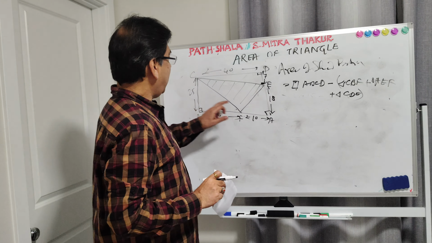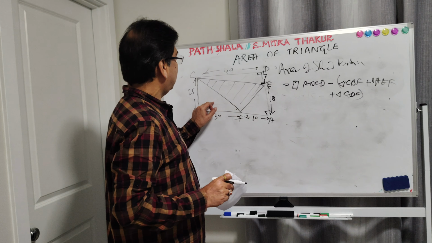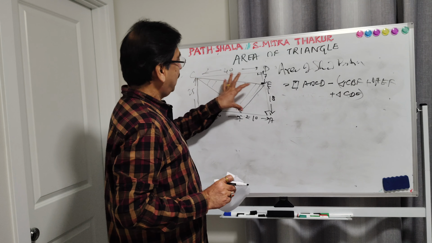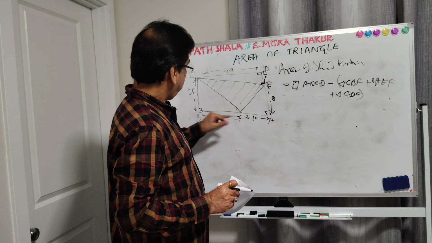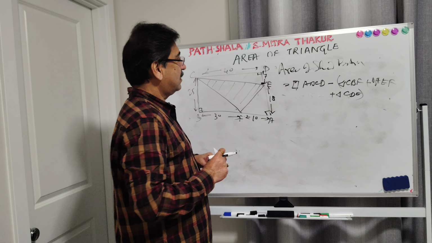If I add the areas of these three white triangles and subtract from the total area, I will get the shaded portion.